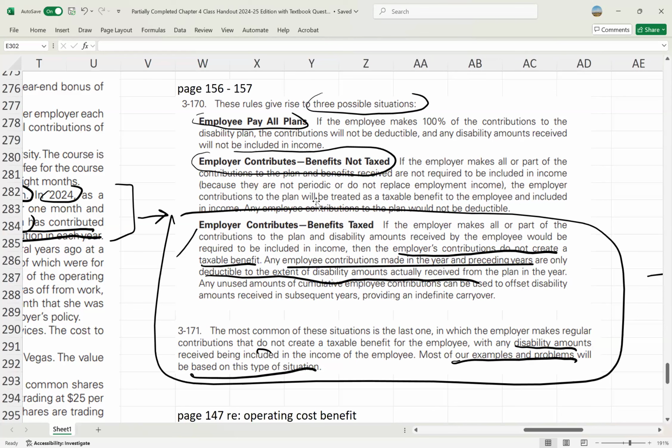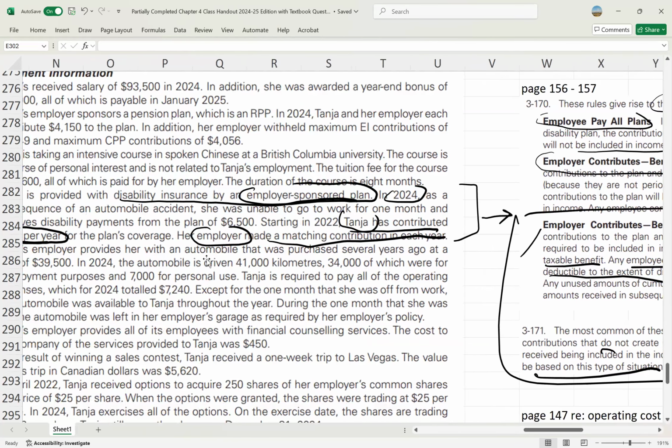The amount that she pays will only come into play if she goes on disability and receives payment. If she does, she has to include the amount she receives in income, but then she gets to deduct all the premiums that she's paid in the current year and also in past years as well. So let's look at that with respect to these amounts.